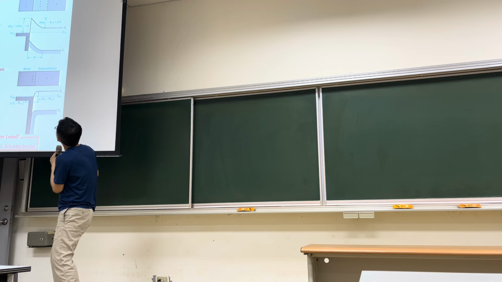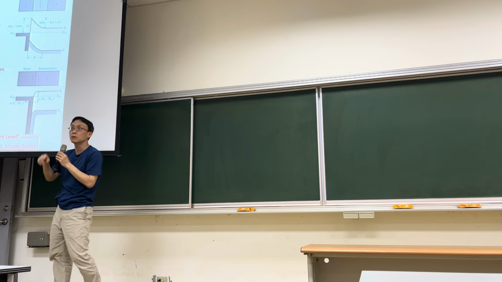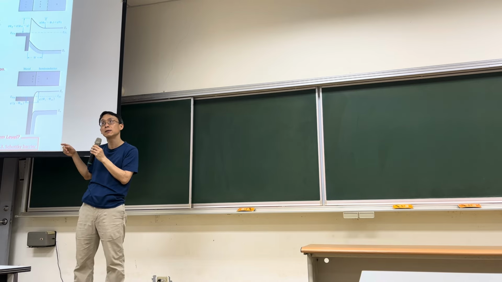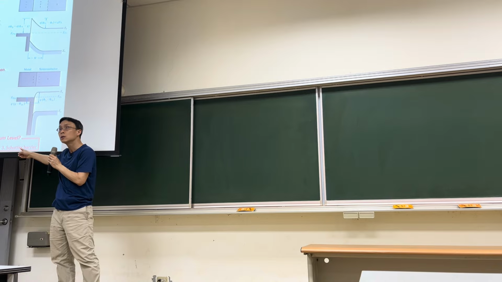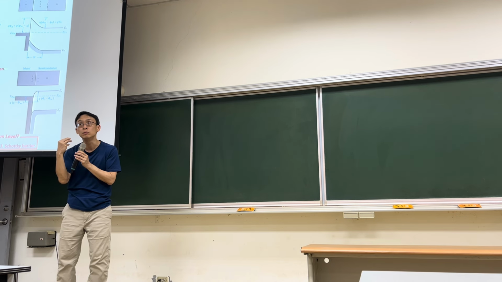Right? Schottky barrier is given with the equation shown above, right? So the chi is the electron affinity, right?